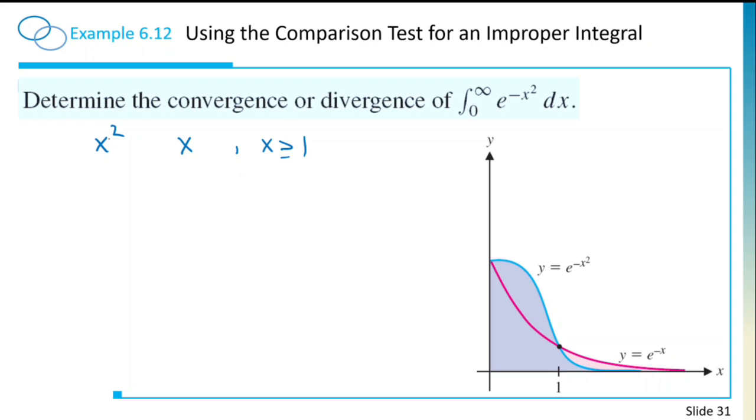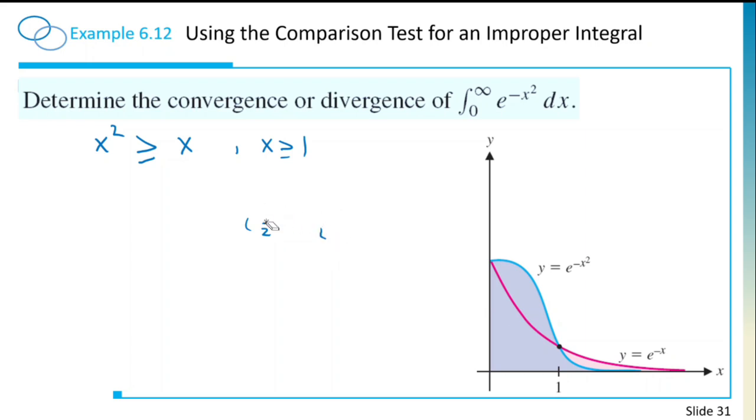So if it's greater than 1, for sure x squared is greater than x, right? But with fractions, it's different. Remember, if you have a half and you square the half, this is 1 over 4. So x squared is not bigger. So it's true only for x greater than or equal to 1, clearly here.